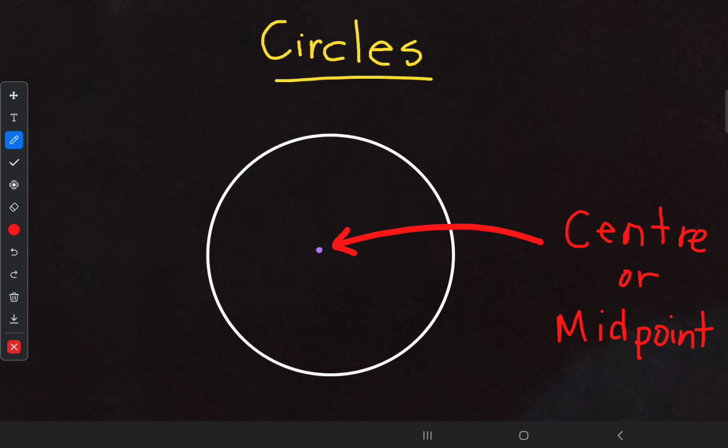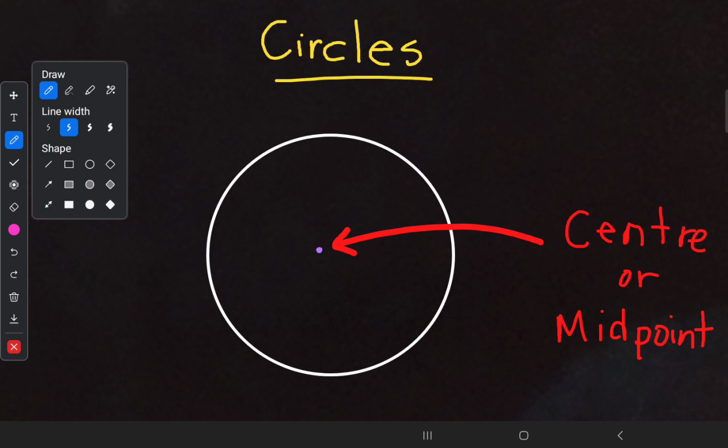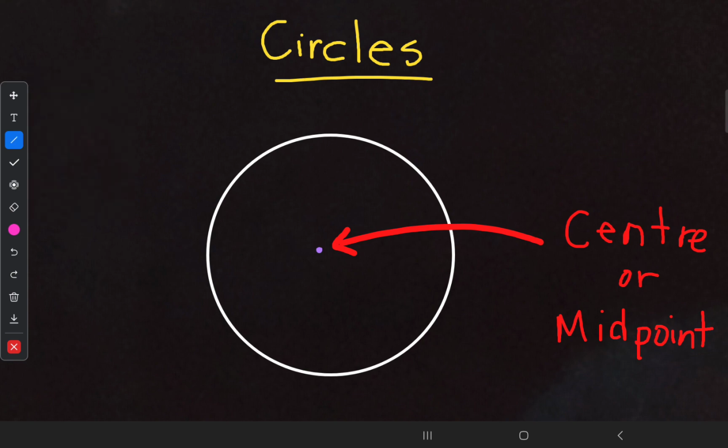Then the second thing is about radius. Radius means, use your ruler. First, by using your compass, draw a circle. Then, in that circle, we have our center.